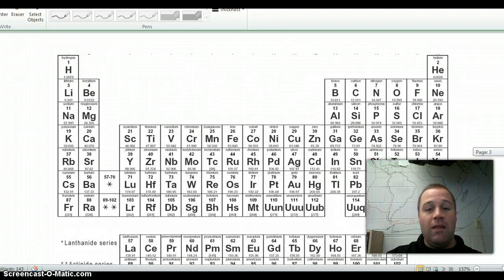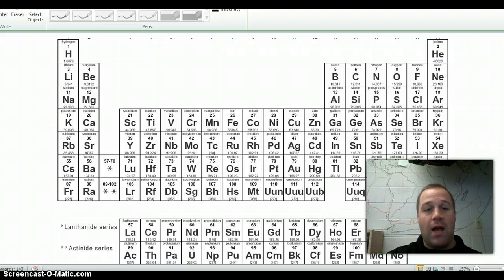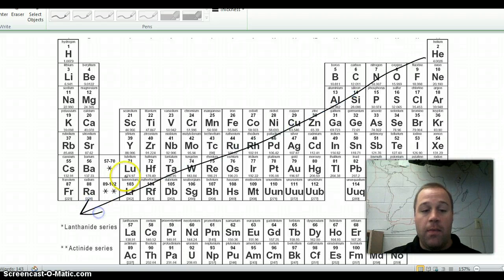So the easiest way to see these trends is to write them out on the periodic table. It works really well just to draw arrows. We're going to draw atomic radius first. The smallest ones are in the top right, and we're just going to draw an arrow down this way and say increasing radius.